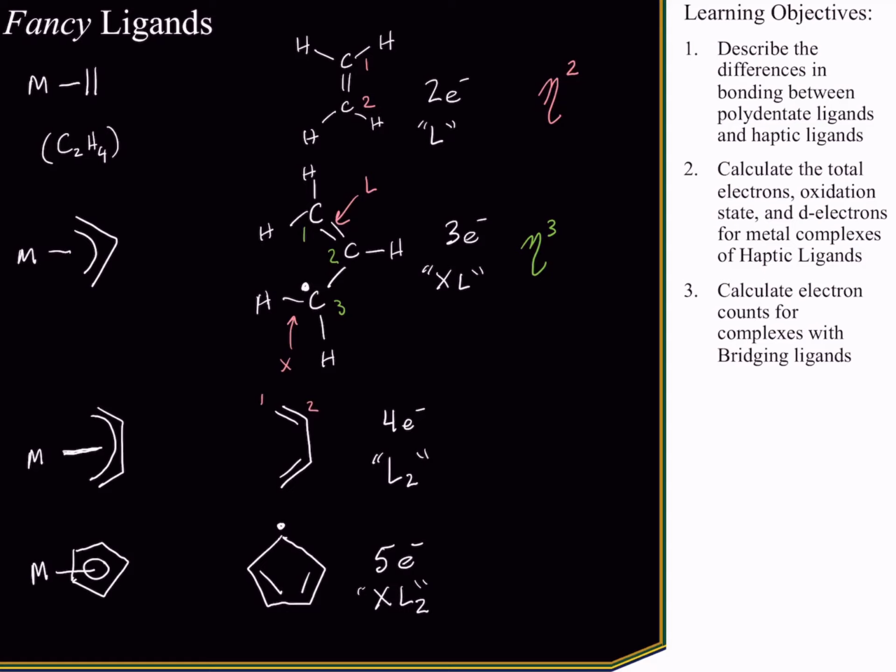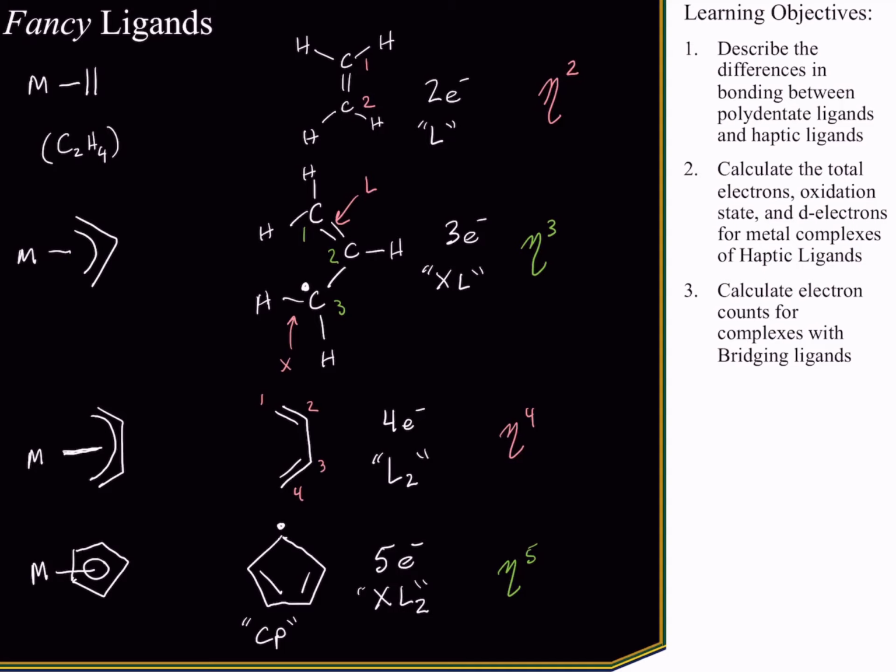Continuing down the trend, 1, 2, 3, and 4, we have eta-4 style ligands. And lastly, eta-5 ligands is our CP ligand. So again, this has this special name CP. One of our labs in 484 deals with the molecule ferrocene, which is a historically relevant organometallic complex that is an iron with 2 different CP rings attached.